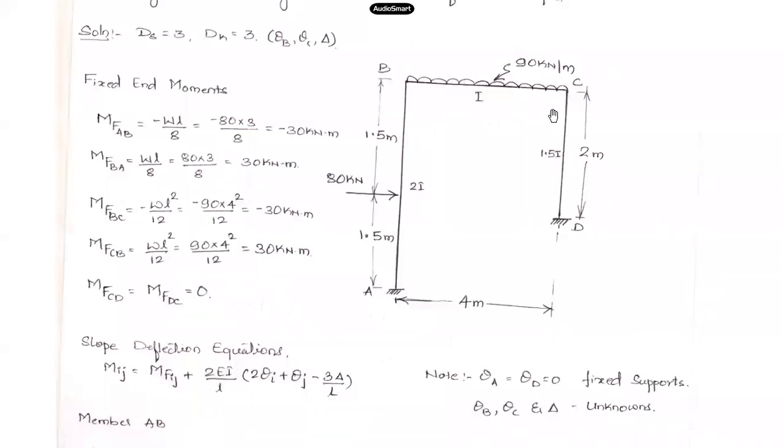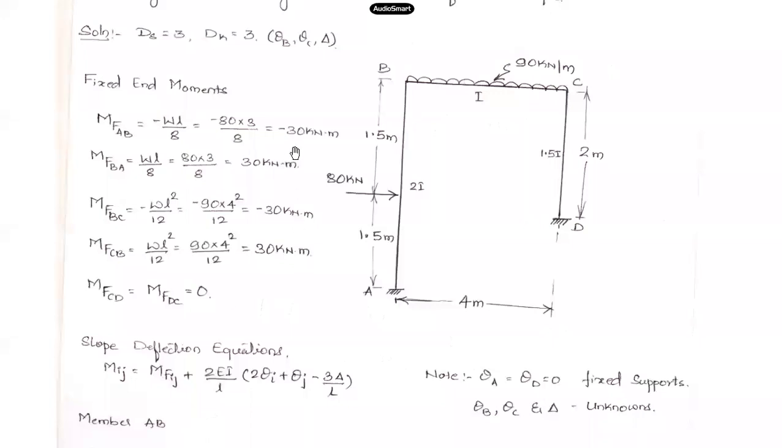On the basis of these directions we'll assign the signs: for anti-clockwise minus, for clockwise plus. So MFBC will be minus WL square by 12, that is minus 90 into 4 square divided by 12. This comes out to be minus 30 kilonewton meter. And MFCB will be in clockwise direction, and we have plus WL square by 12 here, so 90 into span 4 meter, 4 square divided by 12. That comes out to be plus 30 kilonewton meter.